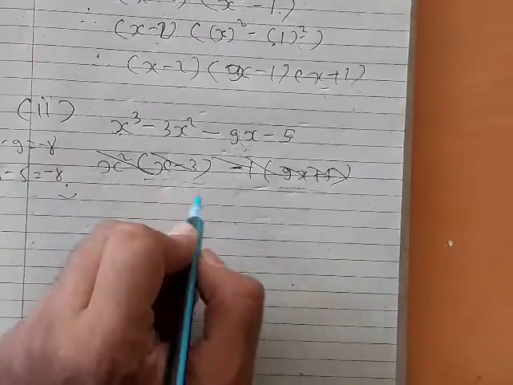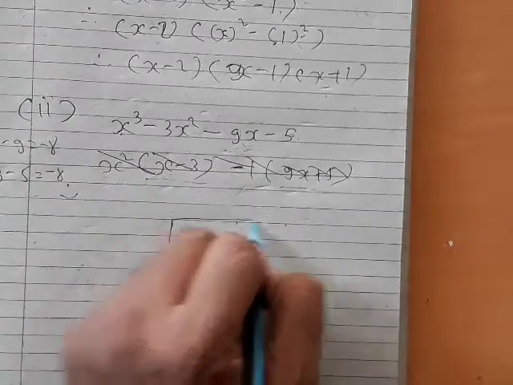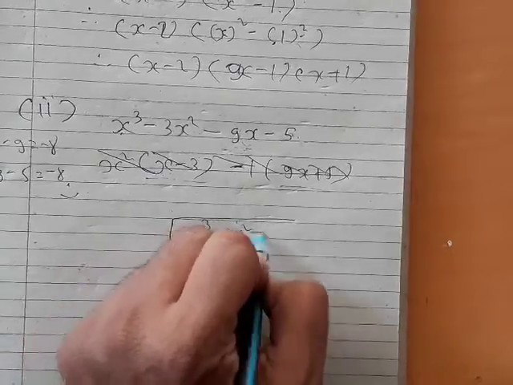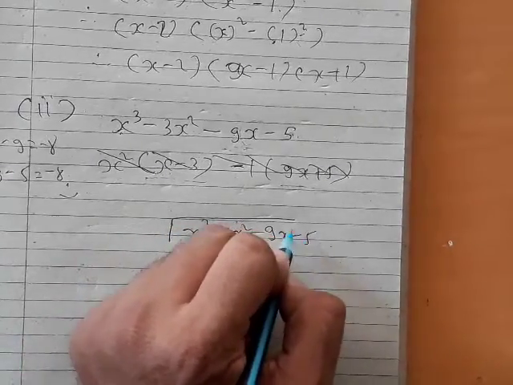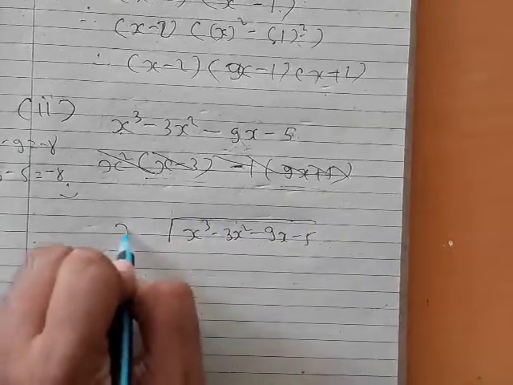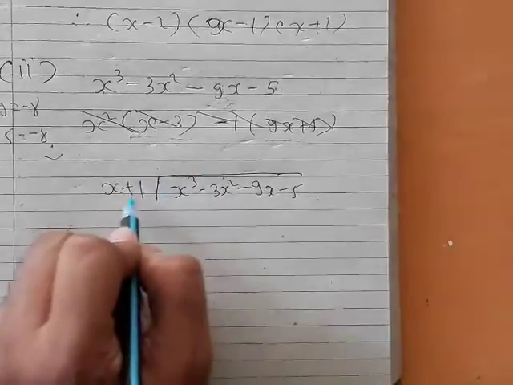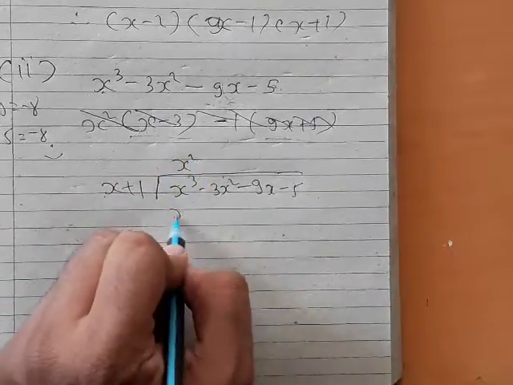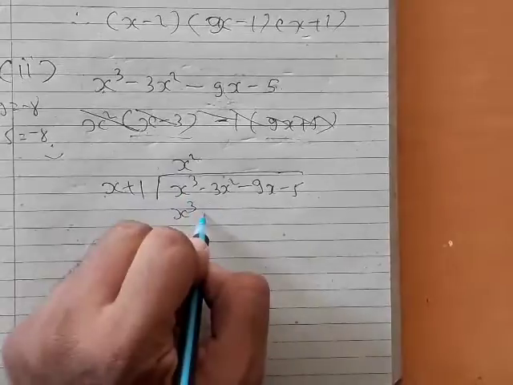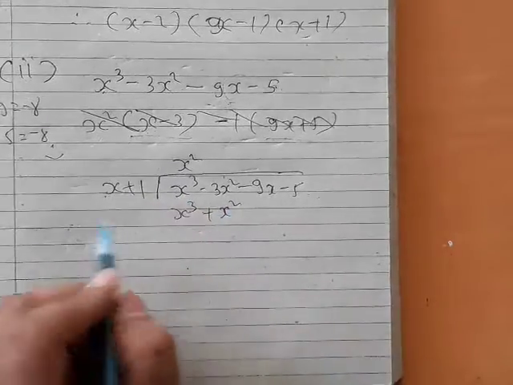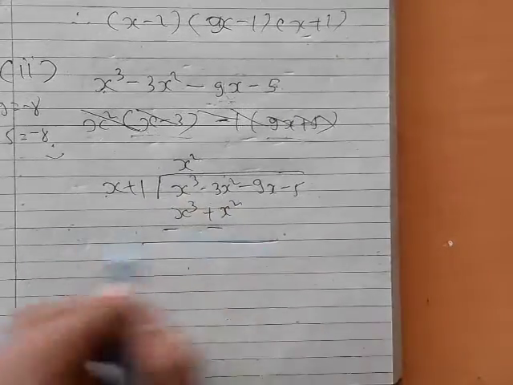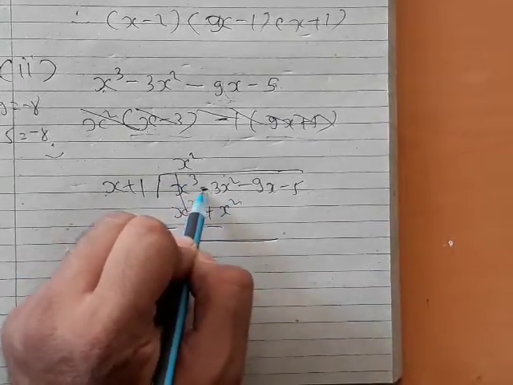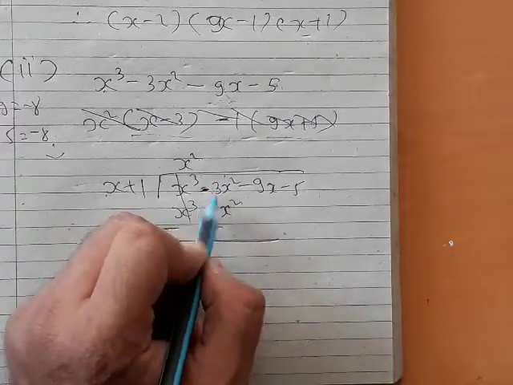Okay, now let us divide it. X cube minus 3x square minus 9x minus 5, let us divide it by x plus 1. First of all, we can have x square. X square into x is x cube, and 1 into x square is x square. Change the sign, x cube gets cut. Now they both have negative signs, so we will take addition.